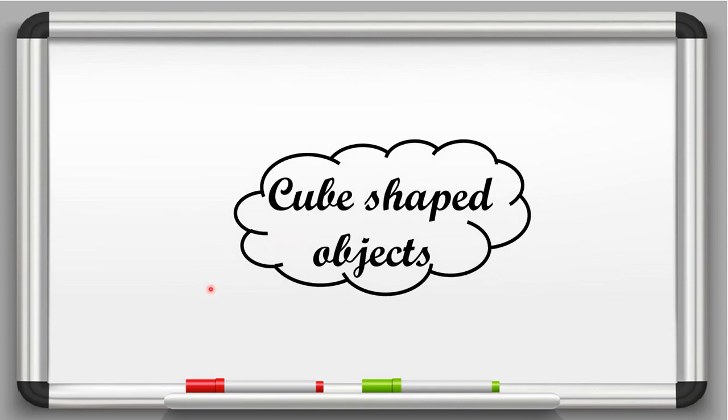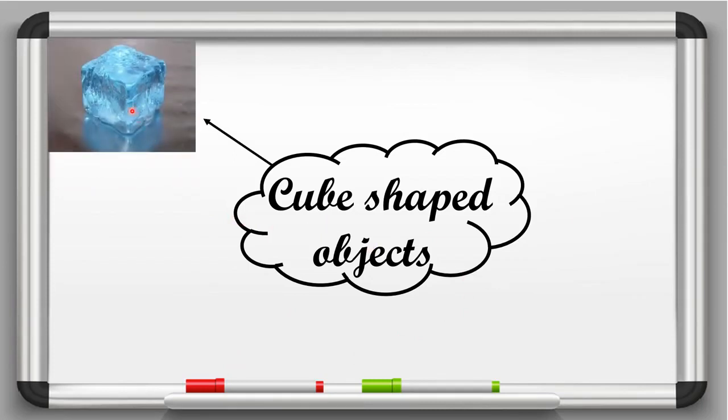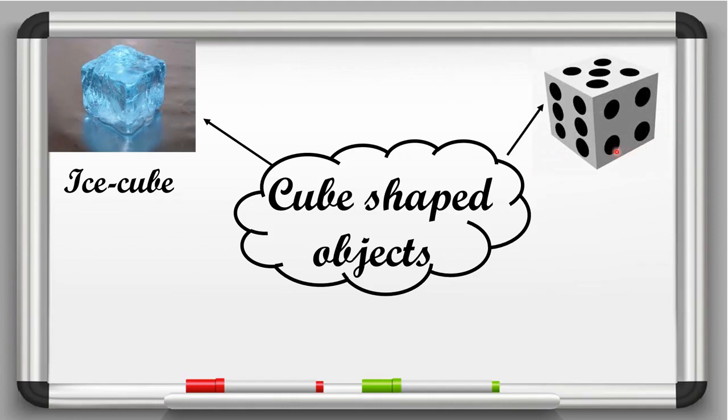Now I'll show you cube shape objects. So here the first one is, which object is this, beta? Can you guess? Yes, this is an ice cube. Now another is, which object is this? You all know, right?